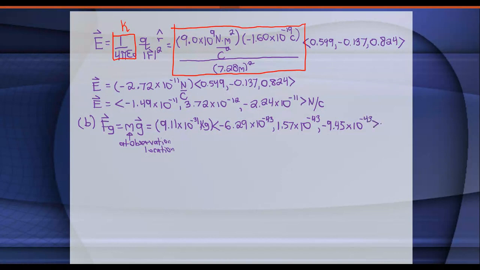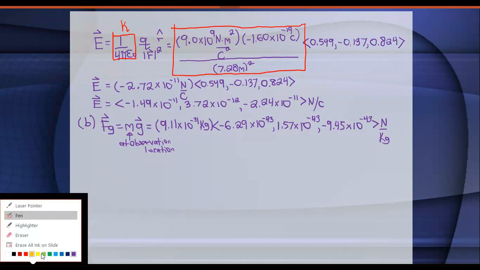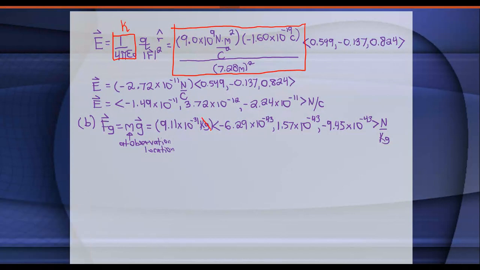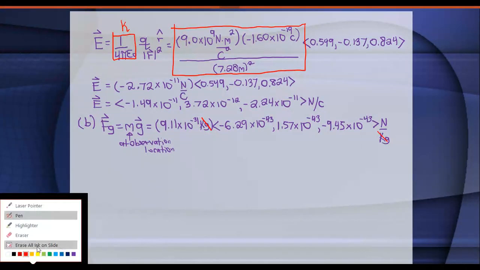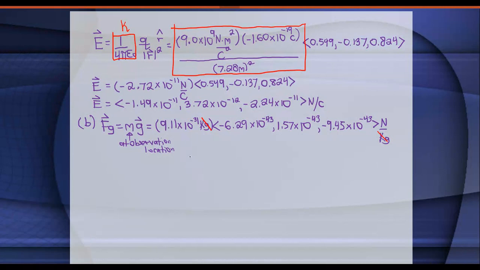The units are newtons per kilogram, so you can see that the kilograms just cancel off when we do this. All I'm going to do is multiply this number by every number in the order triple, and that'll give us the gravitational force.